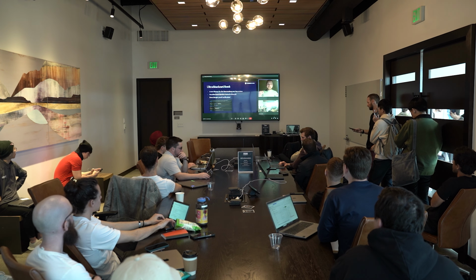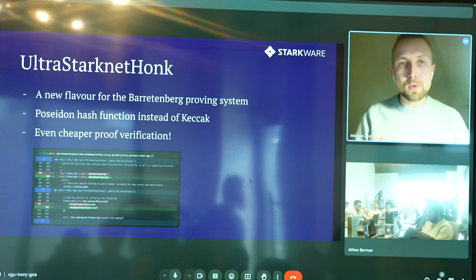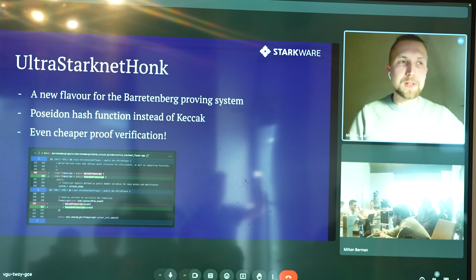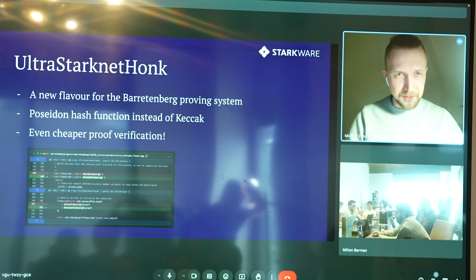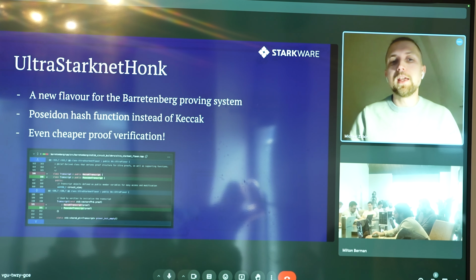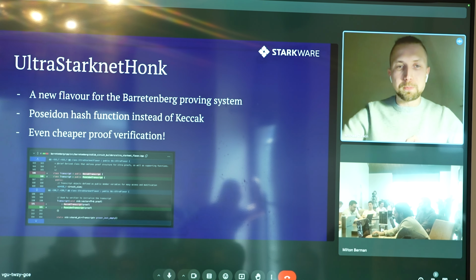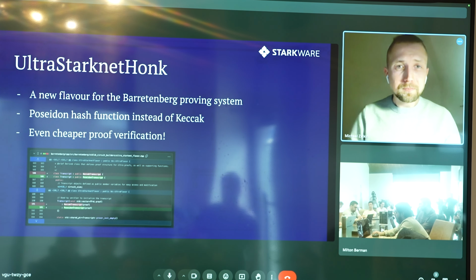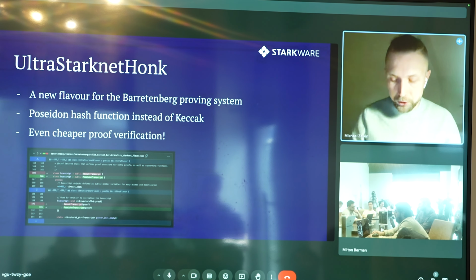We want to do even cheaper. The team working on Garaga is now looking into a new flavor of the Barretenberg proving system. It will be called Ultra Starknet Honk, and in essence we're switching Keccak to Poseidon, which is more ZK friendly and cheaper to verify in Cairo. And the Ultra Starknet Honk verification is going to be even cheaper.